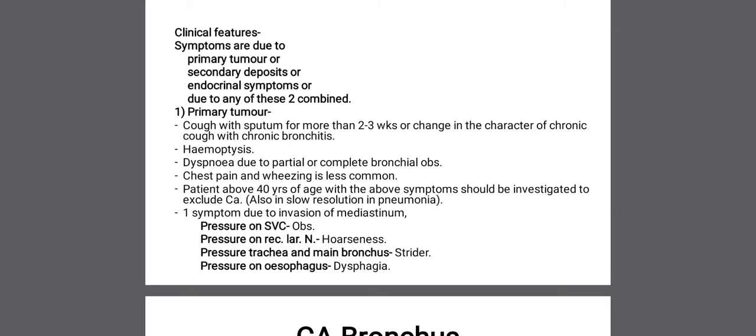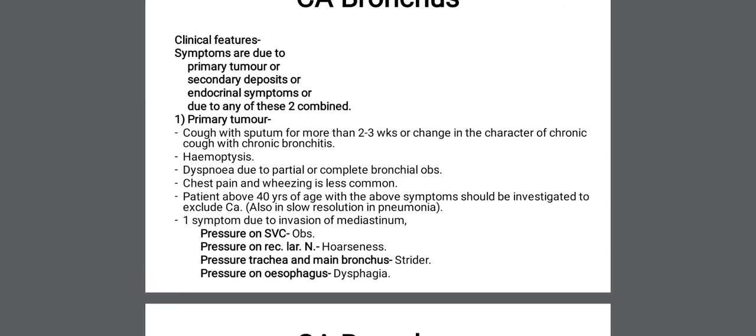So the first symptoms may be due to invasion of the mediastinum. Pressure on the superior vena cava will cause superior vena cava obstruction. Pressure on the recurrent laryngeal nerve will cause hoarseness of voice.